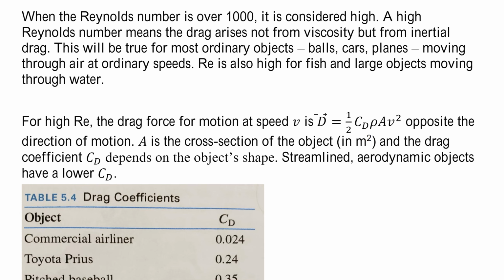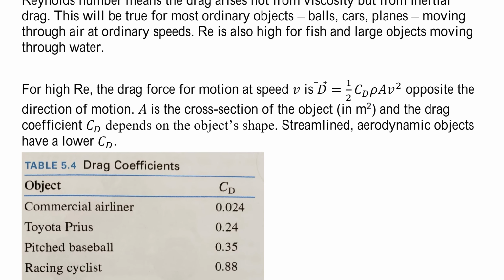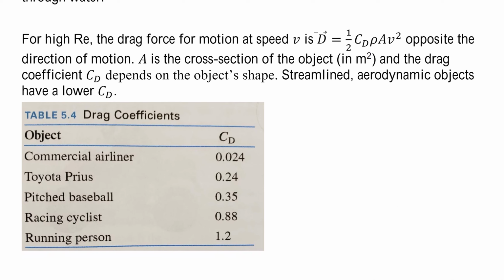For high Reynolds numbers, the drag force for motion at speed v is this equation here. So for high Reynolds numbers, the drag force is this equation. D equals 1/2 times this CD. This is the coefficient of drag.